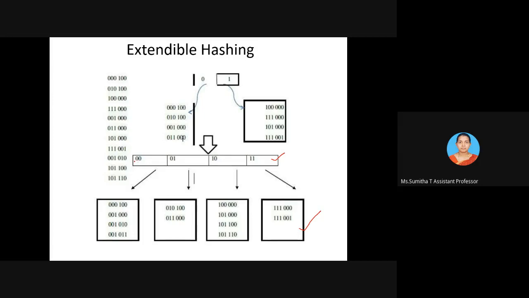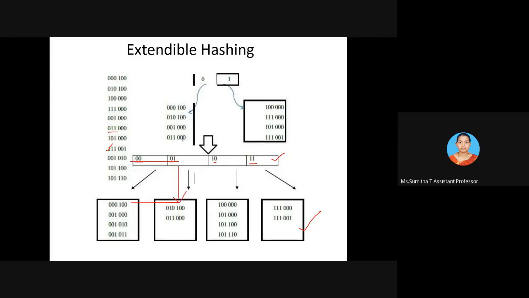Okay, based on the first 2 bits we are going to insert. Okay, 00, 01, 10, 11. If any element starts with 11, I can insert here. Okay, if any element starts with 01, I can insert here.